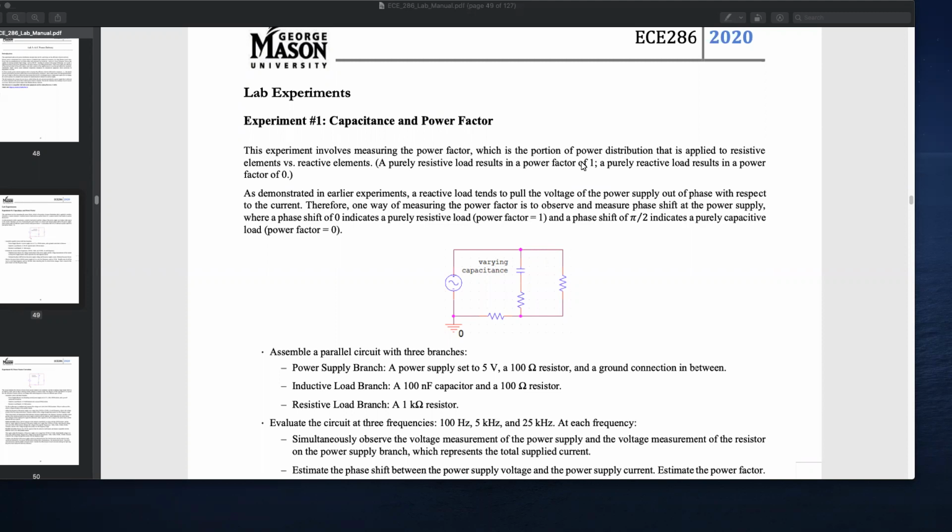Because if you have the voltage of a resistor and you know the nominal value of the resistance, you then implicitly know the current flowing through that resistance. Since resistance is not a frequency dependent element, unlike capacitors and inductors.